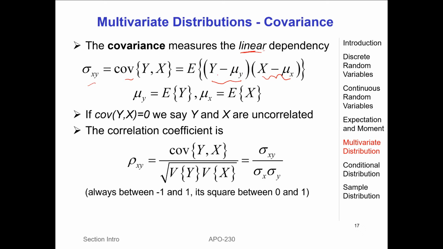So deviation of each possible outcome in y from its mean mu y times the deviation of each possible outcome of x from its mean mu x. And then you take the expected value or expectation of this product for all possible outcomes of the two distributions, you arrive at the covariance.